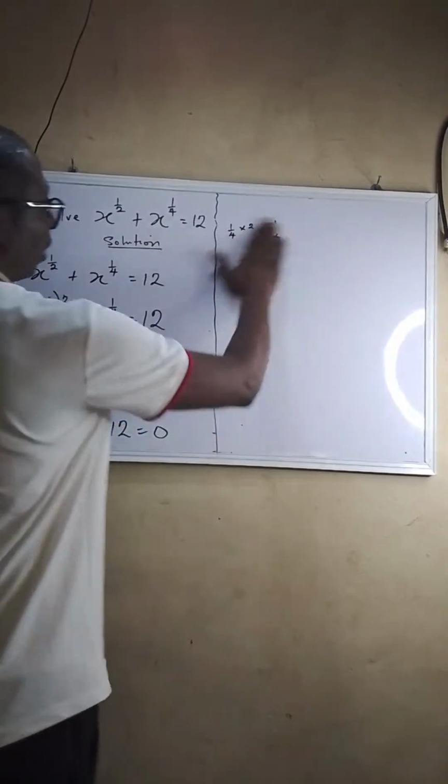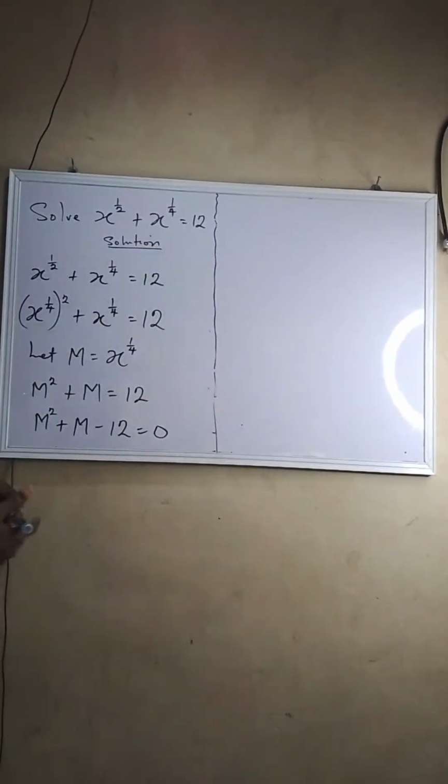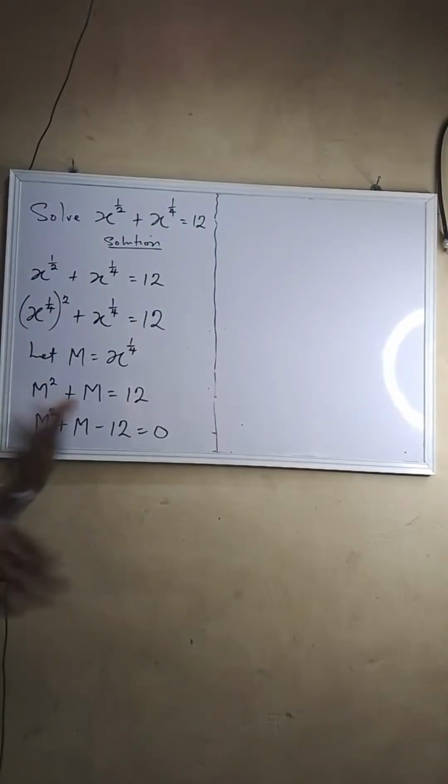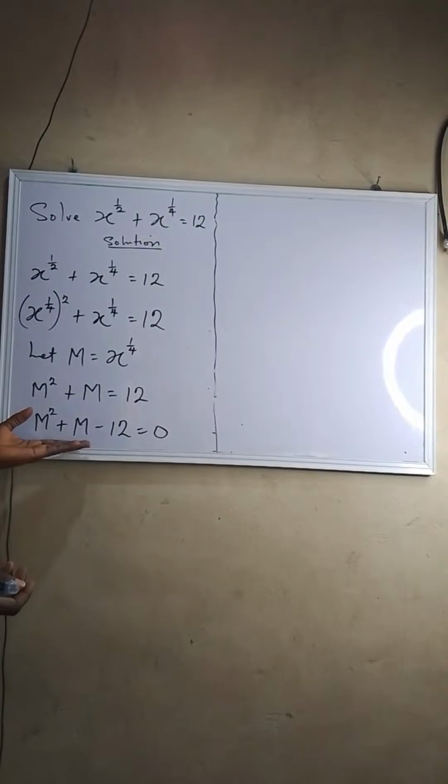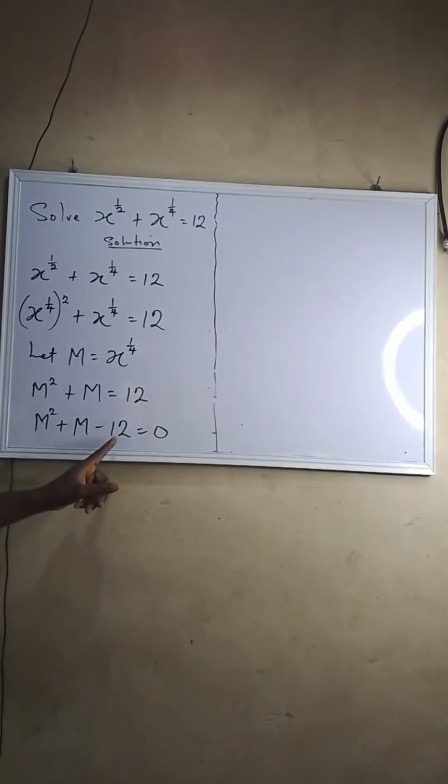All right, so how do we solve this? Now, you must have been solving quadratic equations before now, but I'm going to explain how we are going to solve this. The first thing is to locate your sum and product. What is sum? Sum is the coefficient of m, while the product is the multiplication of the coefficient of m squared and minus 12.